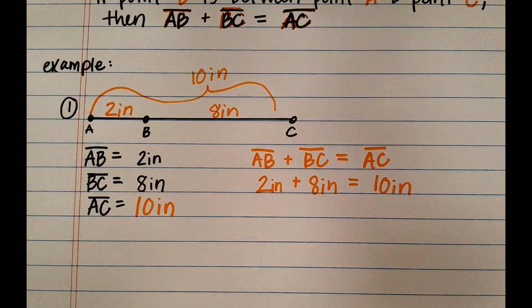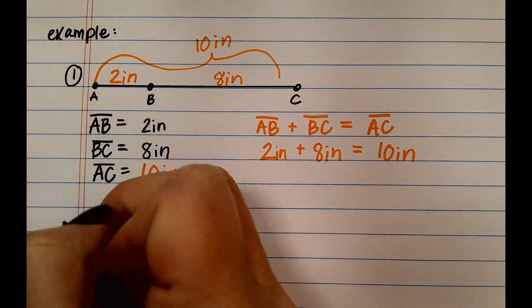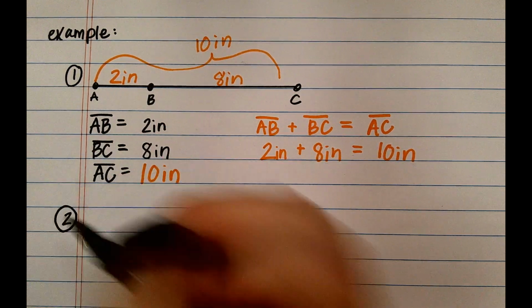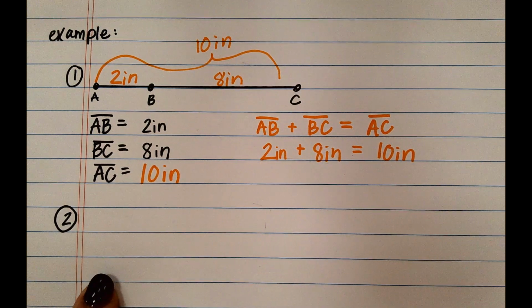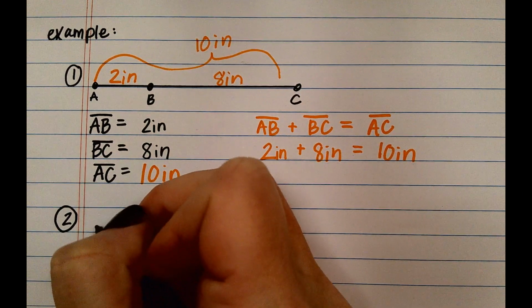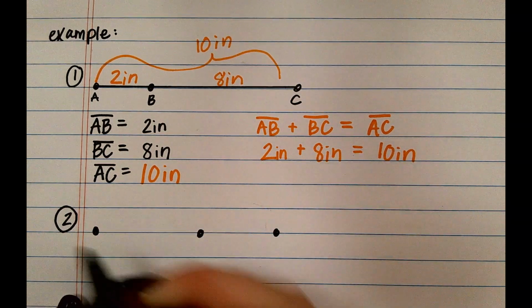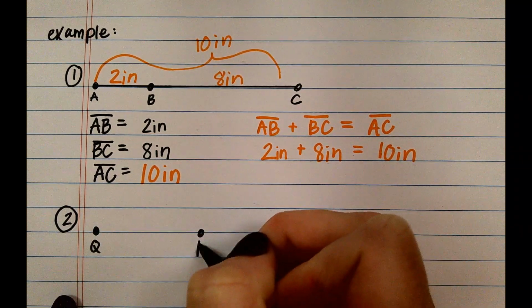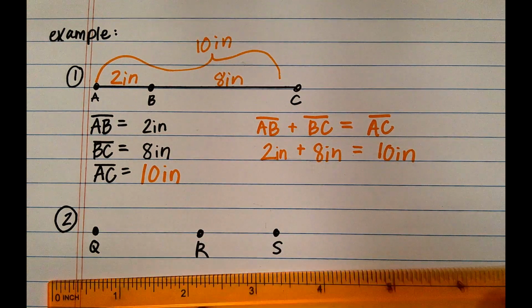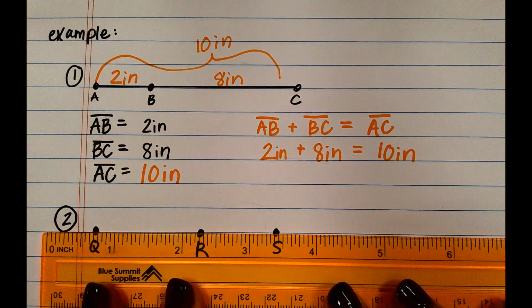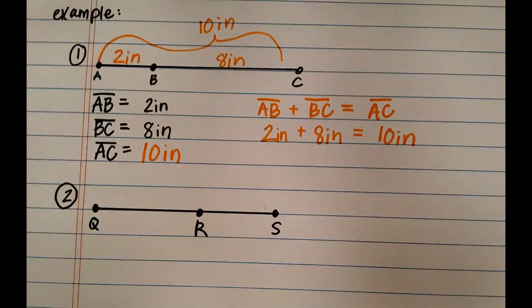Okay. Let's look at another example, but this time I'm not going to give you both of the small parts. Let's use some different letters. How about QRS? QRS. And I'm going to connect those. Okay.